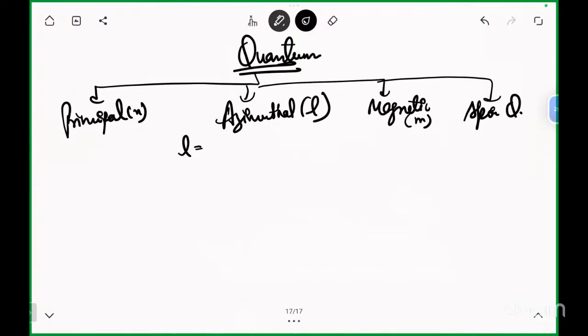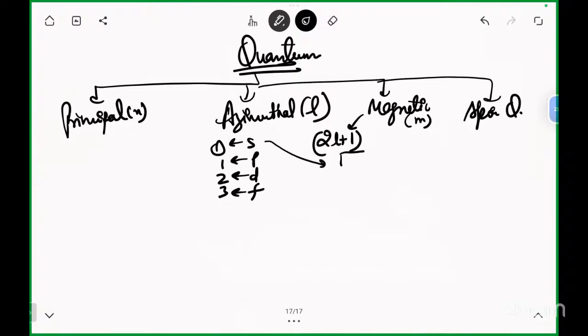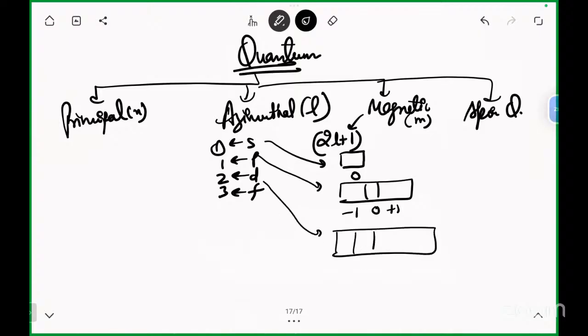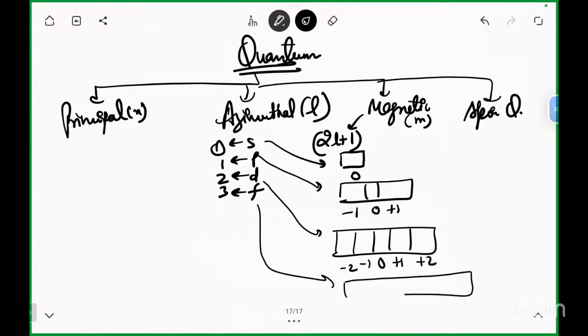Here just use a trick. For orbitals s, p, d, f with l equal to 0, 1, 2, 3: for s we have 1 value, 0; for p, 3 values, 0 plus 1 minus 1; for d, 5 values, 0 plus 1 plus 2 minus 1 minus 2; for f, 7 values, 0 plus 2 plus 3 minus 2 minus 3.